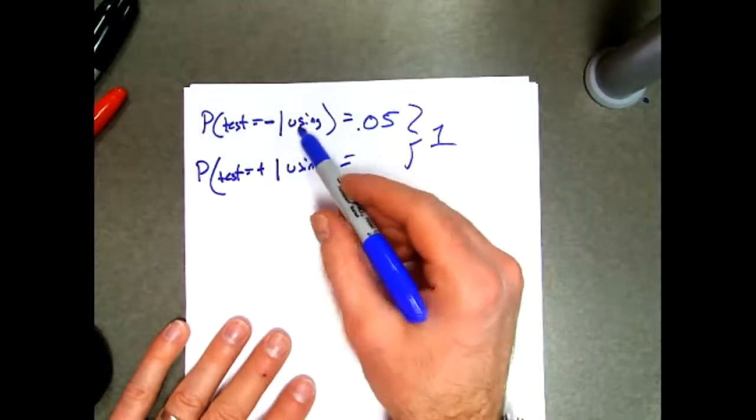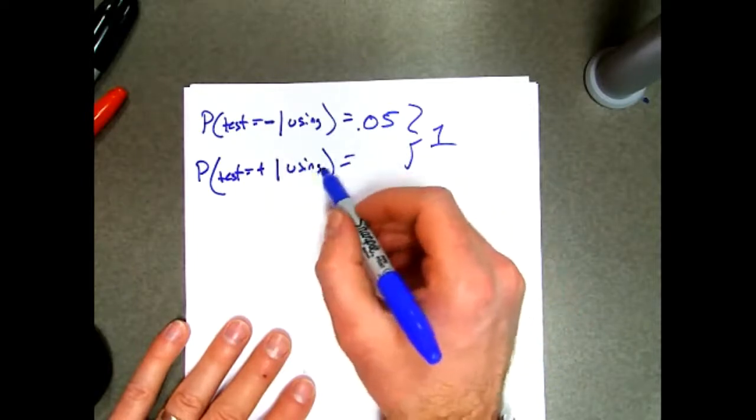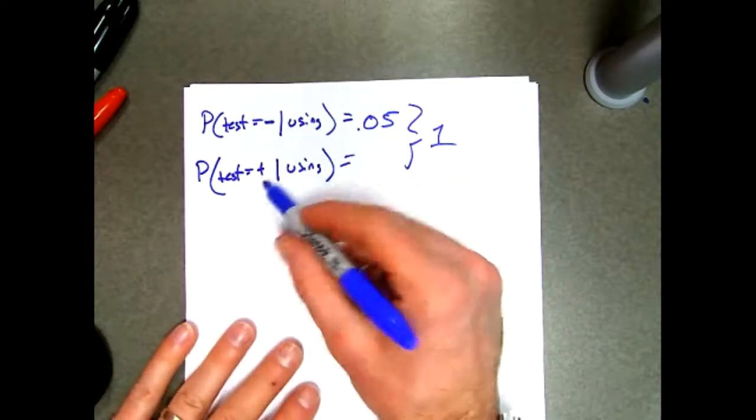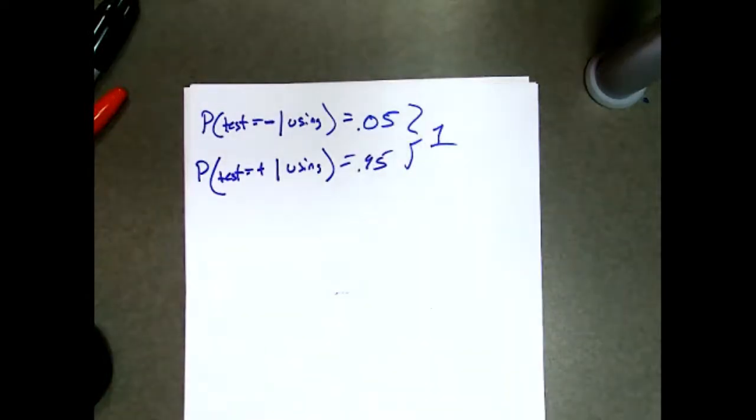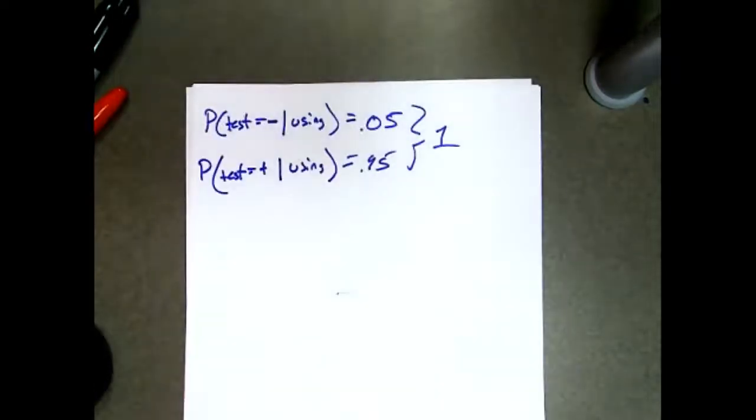So if you tell me that given someone's using, the probability they see a negative test result is 0.05, then conditioning on the same thing, given that the person's using, the probability they see a positive test result would just be whatever is remaining. And now I would have that missing probability that I could plug in. So that's the only additional wrinkle I could maybe throw at you on one of these Bayes' theorem examples.